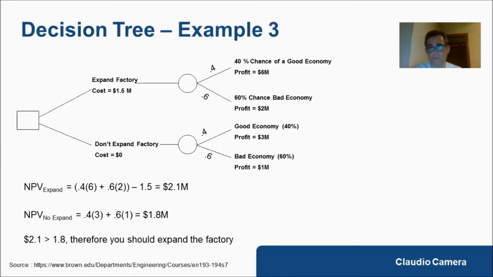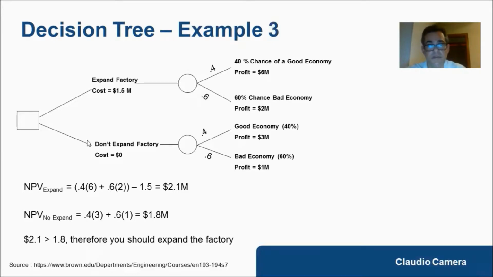All right, and here in the state variables, we do have some probabilities: a 40% chance of a good economy, a good moment in the world. If I expand the factory, I will profit 6 million. And 60%, obviously, is the other branch, so we sum up to 100%: in a bad economy, a profit of 2 million.